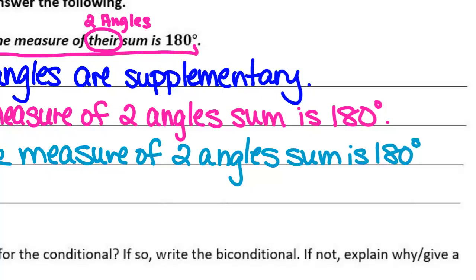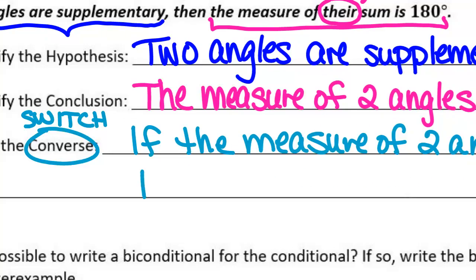What do I need after the 180? I need a symbol next. A comma. Before we start our conclusion, before we write the word then, we put a comma. And then I have the word then. Then what? Yep, then they are supplementary.